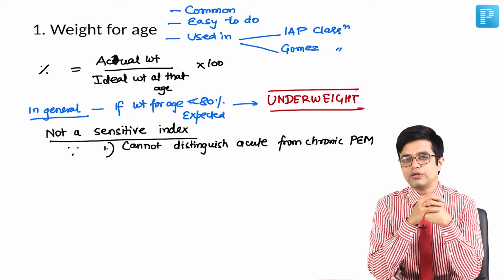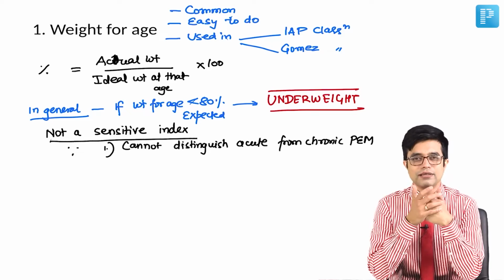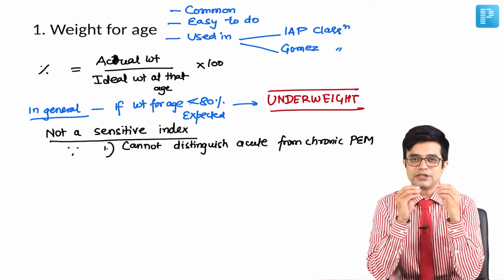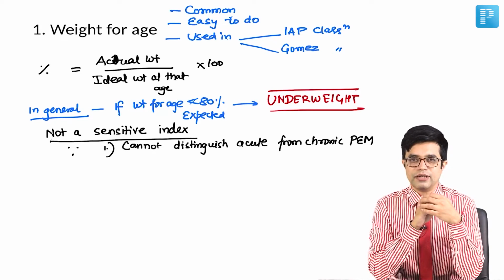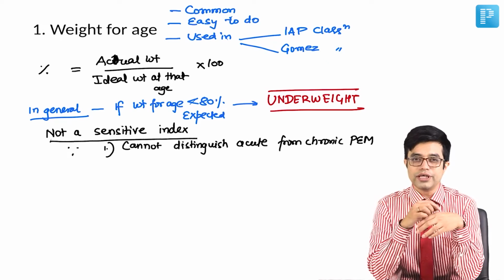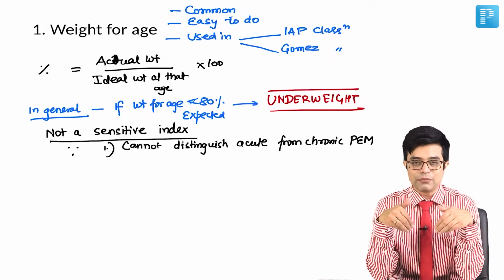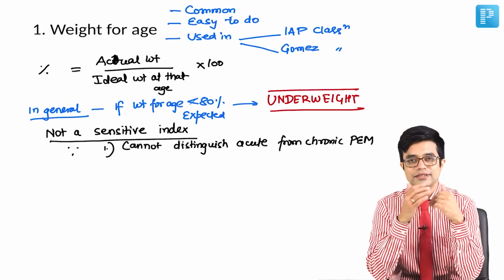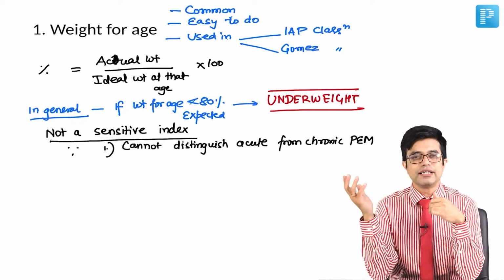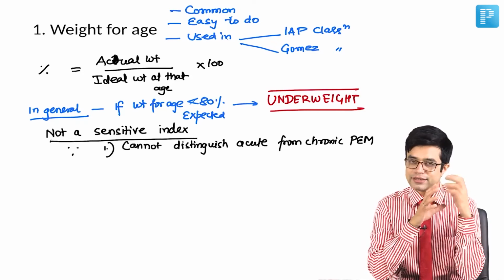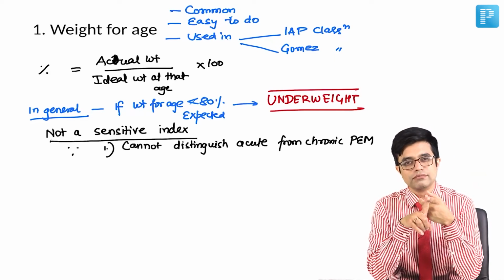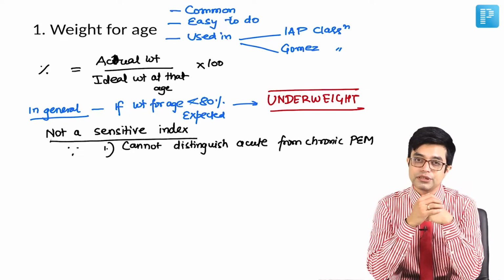So suppose you calculate weight for age in that child and it comes out to be 70%, right? Now this 70% means the child is underweight. But the child is underweight due to acute or due to chronic, that cannot be commented on by this classification system, this index. Why? If a child is having, suppose, diarrhea dehydration since 10 days, that is acute malnutrition, the percentage weight for age will be low, right? Again, it will be 70%.